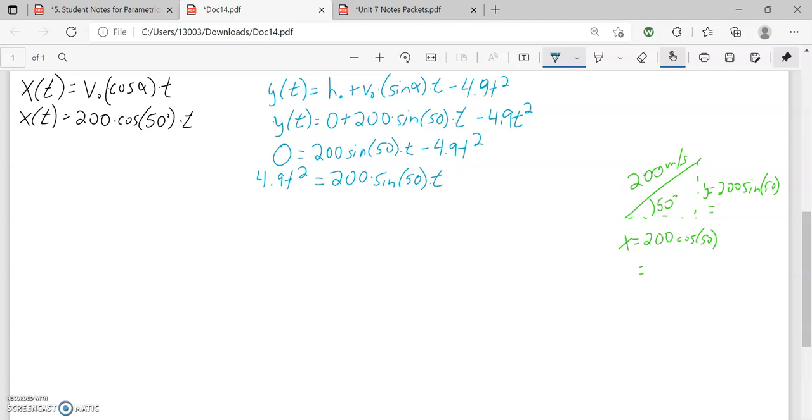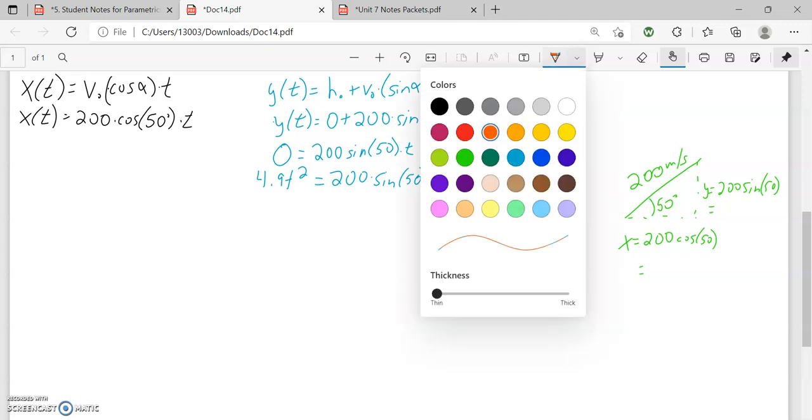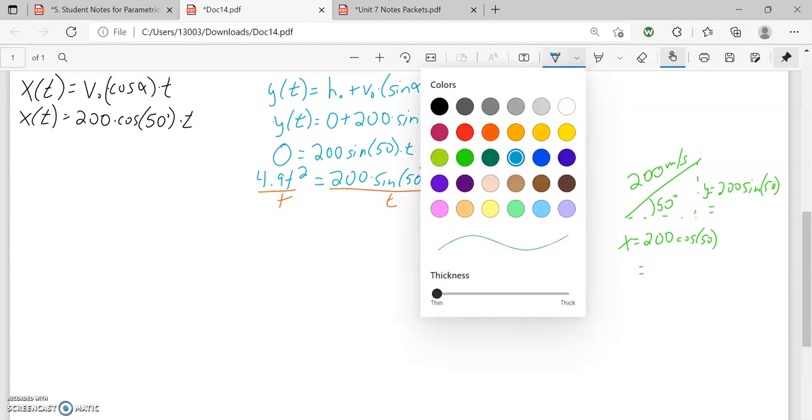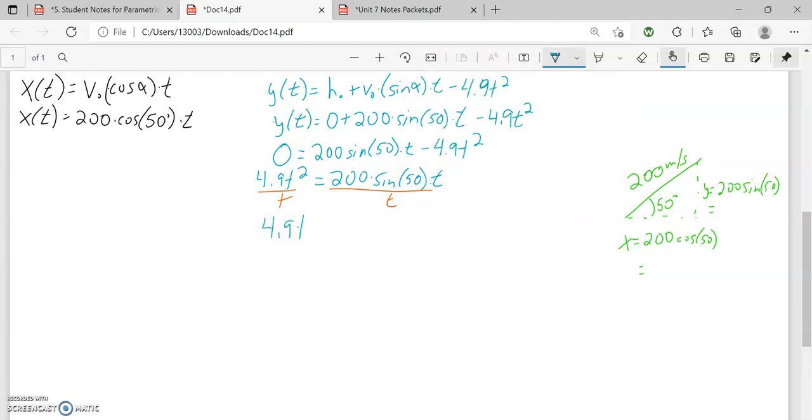Then I'm going to divide by t, because there's no addition or subtraction now, and I'm able to do this and get 4.9 t, because it's not t squared anymore, is 200 sine 50. When you divide by 4.9 on both sides, t is equal to 31.267.